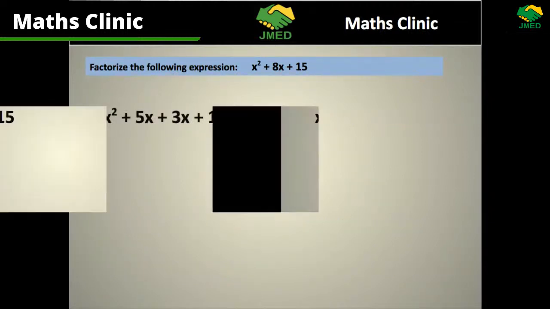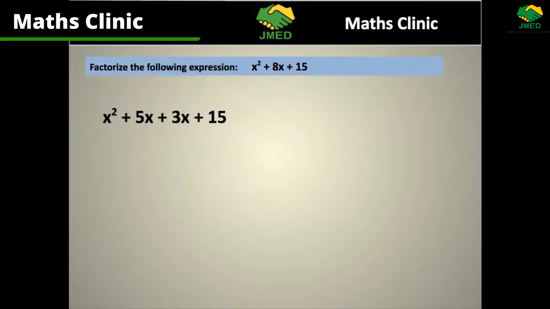So remember that we were working on x squared plus 8x plus 15, and we have rewritten this as x squared plus 5x plus 3x plus 15. If you look closely, we haven't changed the value of the expression because this is the same as this. It's not different, it's the same thing. We have just rewritten it in a specific form because we need to factorize it.